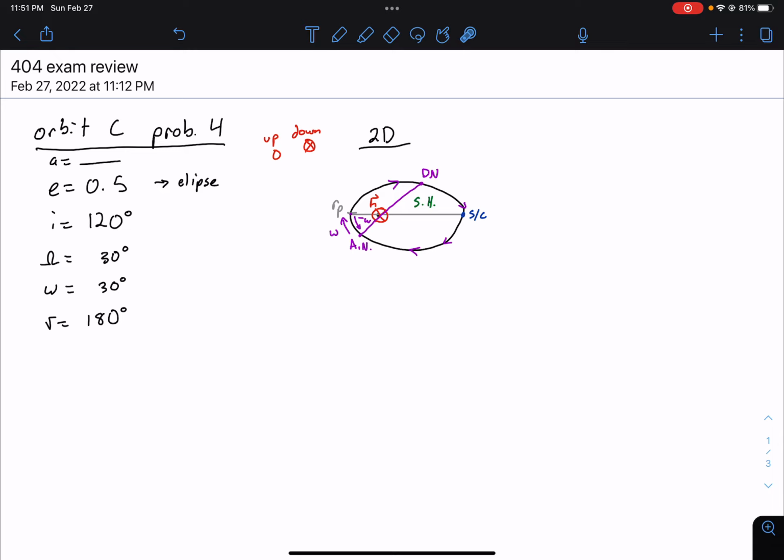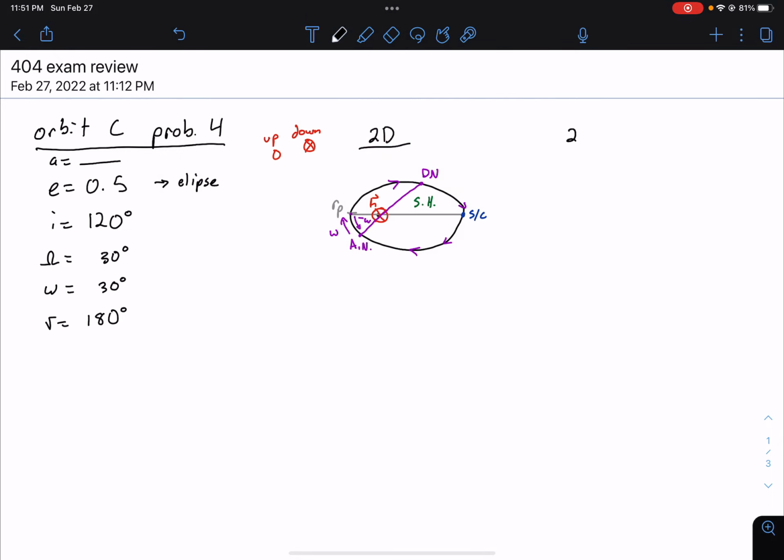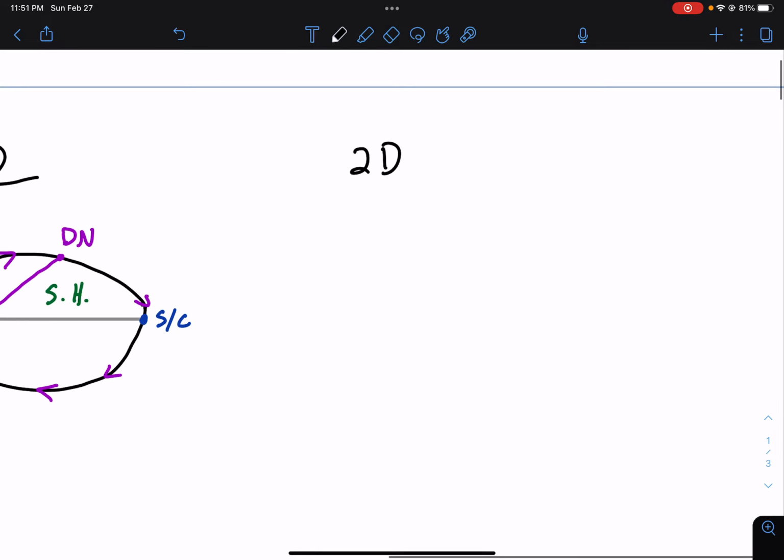Okay. Now, what I kept putting off before is, what if we just redefined our angular momentum vector in the other direction? Okay, well, I'm going to write this down. It's 2D part 2, electric boogaloo.